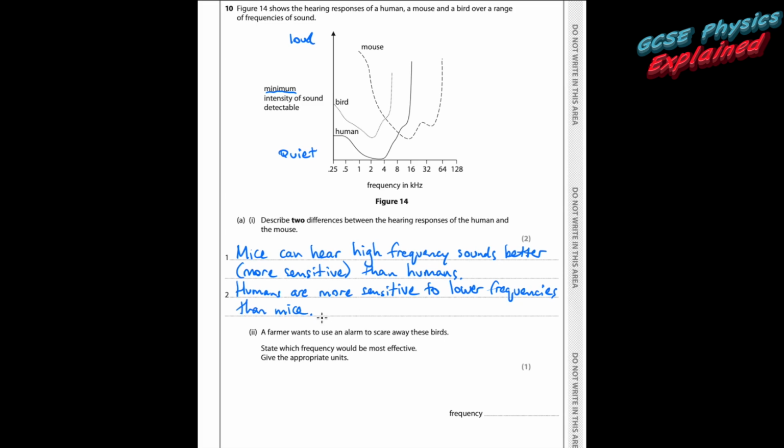So we'll say that generally humans have a lower intensity of sound threshold, so the minimum intensity of sounds is more detectable for humans.